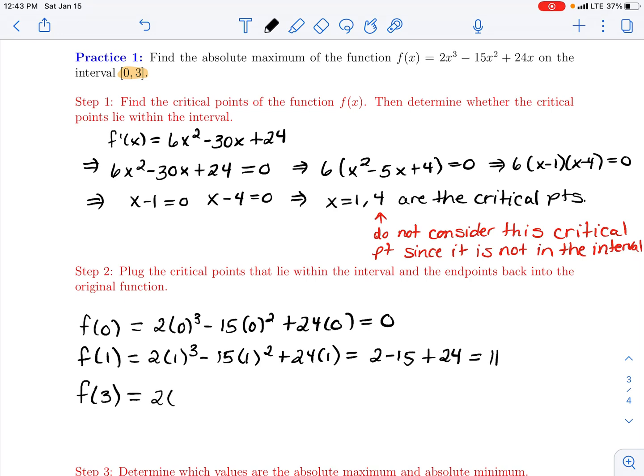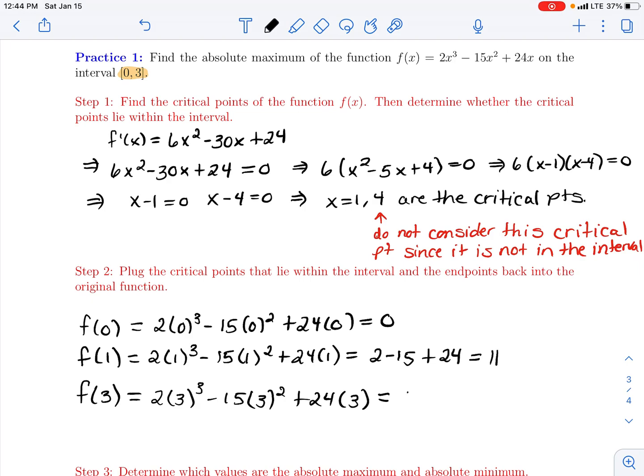And then this is going to be a big number. Minus 15, plugging in the 3 squared, plus 24 times 3. Okay. And then doing this in a calculator, right, I get 3 cubed, which is 27, times 2, which is 54.